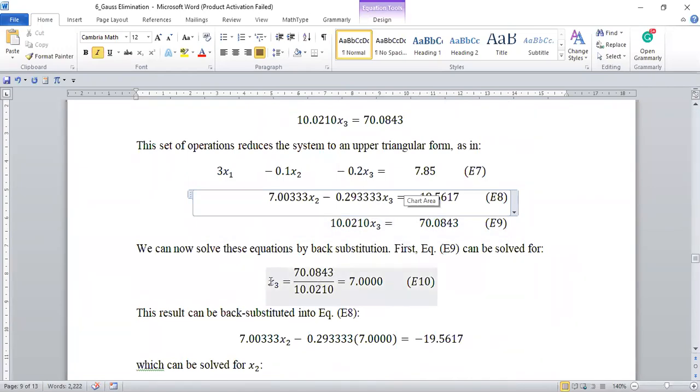Then when you're doing the back substitution, the error will keep propagating and multiplying because this already has some errors, and you are doing another calculation on something that has an error. So the answer is going to largely deviate from the original answer.